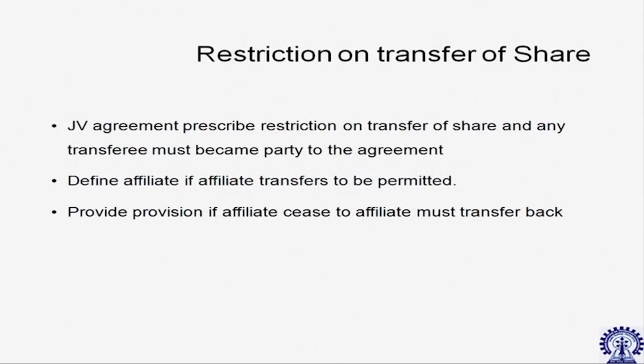Next important thing is, can you transfer the shares beyond the joint venturers? That means, can you transfer the share to a third party who is not party to that particular joint venture, and if you allow so, then in what circumstances do you allow that.